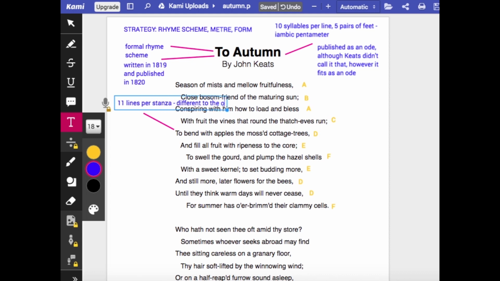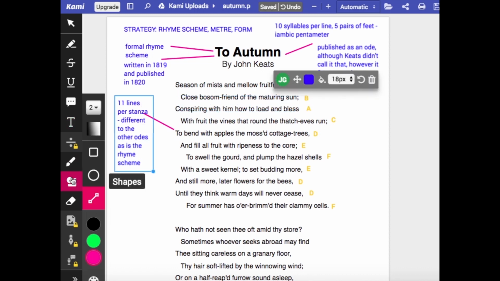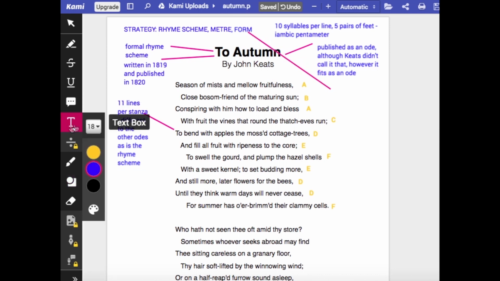The combination of iambic pentameter and formal rhyme scheme suggests a form of sonnet, and certainly in the other odes that formal rhyme scheme is more obvious, and it links more to the idea of a sonnet. But it's not a sonnet, because a sonnet is of one stanza, a 14-line poem, often 8 and 6, sometimes 4 quatrains and a couplet, depending on who's writing it and what style they choose.